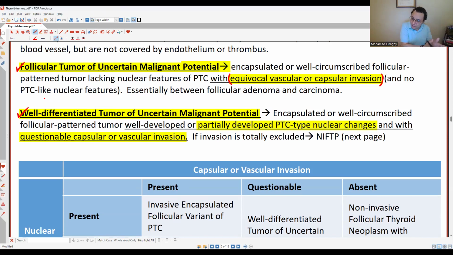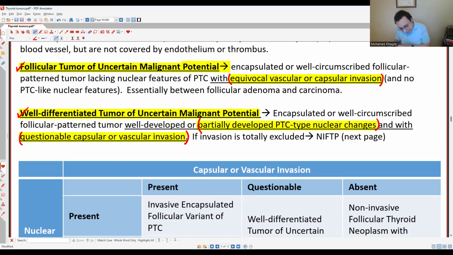So you have a follicular neoplasm, encapsulated, well circumscribed, follicular pattern tumor, with some kind of partially developed PTC type nuclear changes, and there is also questionable capsular or vascular invasion. So is there capsular or vascular invasion? We're not sure. Are these papillary nuclear features? We're not sure. Like there is only maybe one out of the 5 or 6.